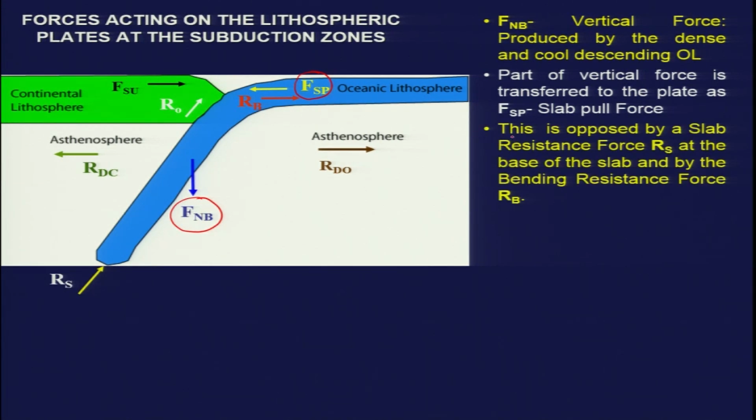This force is usually opposed by the slab resistive force RS at the base of the slab, and by the bending resistance force RB. So the slab pull force FSP will be opposed by the slab resisting force at the base of the subducting plate, and by the bending resistance force at this portion, that is your RB.